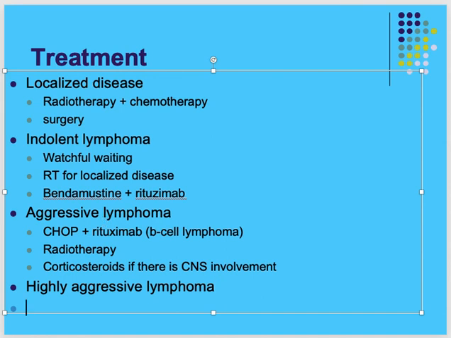When there is a highly aggressive type of lymphoma, for example Burkitt lymphoma, there is a special, intensive chemotherapy called CODOX-M. Okay, how it is written is CODOX-M.